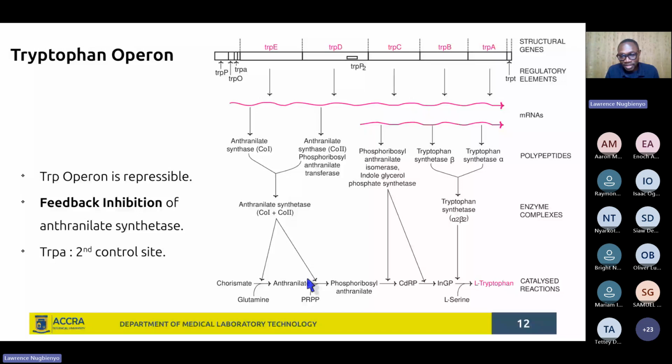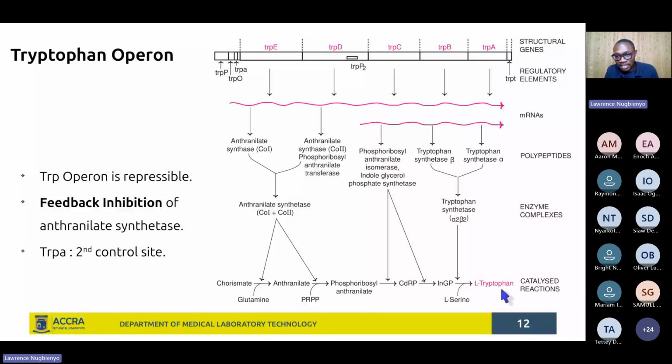Then you have some phosphoribosyl pyrophosphate. You are having another product, phosphoribosyl anthranilate. The reaction continues, and you see the arrows are pointing onto those arrows of the reactions that are leading to the formation of tryptophan.